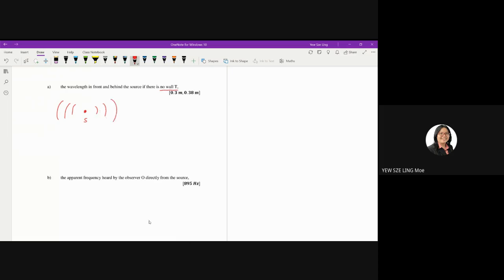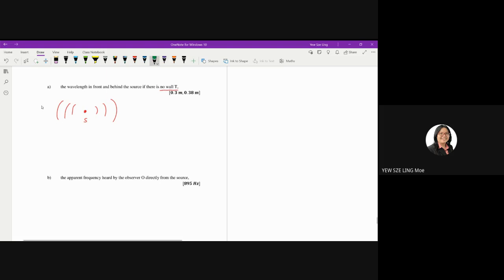So now it asks you to calculate the wavelength. In order to calculate the wavelength, the thing that you need is the frequency, because V is equal to F lambda. If you want to have lambda, the wavelength, then you need the frequency in this case. So how are we going to calculate the frequency?